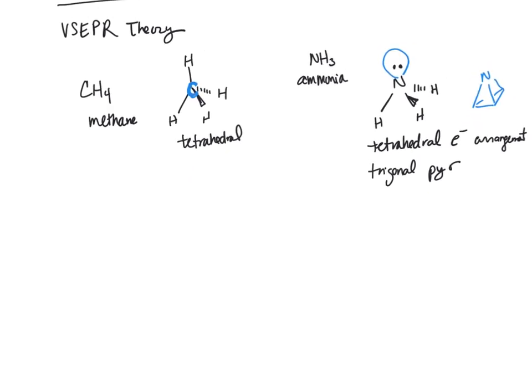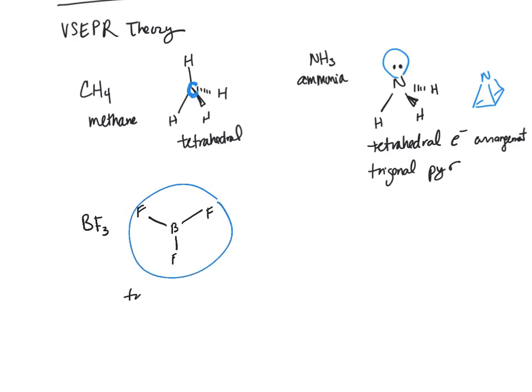Another molecule with 3 bonds to 3 atoms is BF3. And note that in BF3 we don't have a lone electron pair on the boron. So here, boron just wants to get away from those fluorine atoms, and everything is in the same plane.